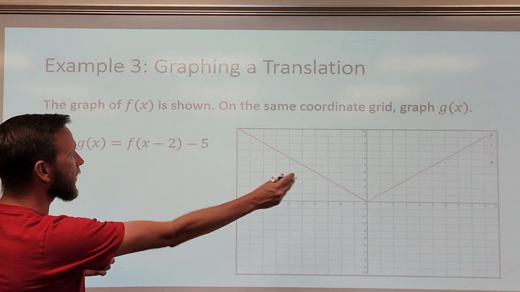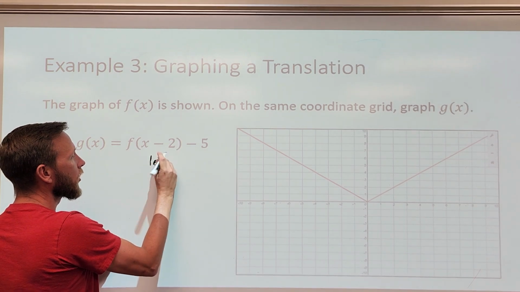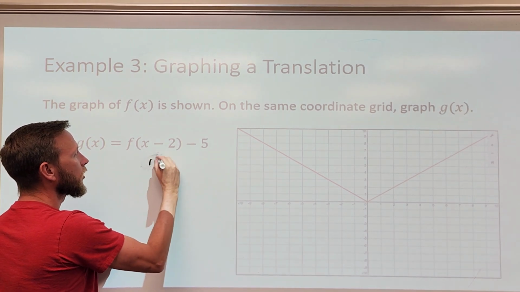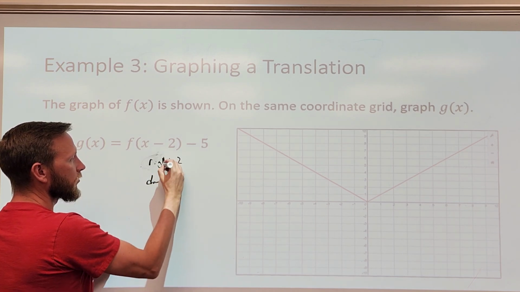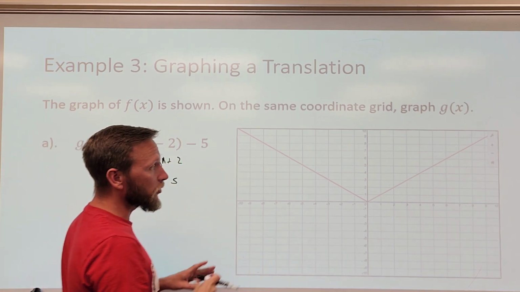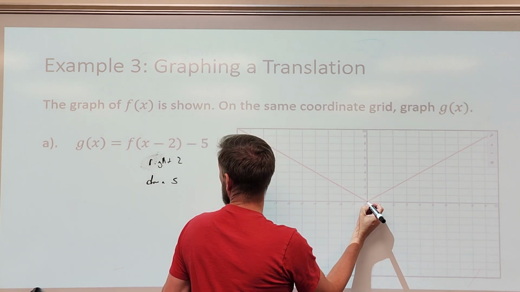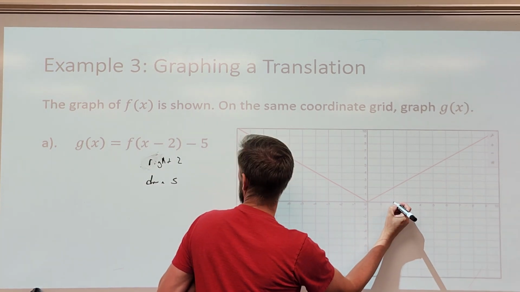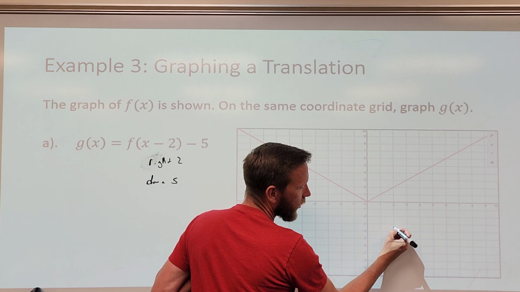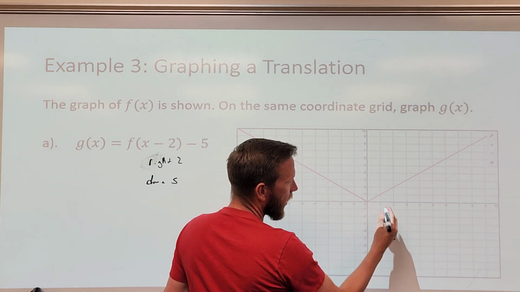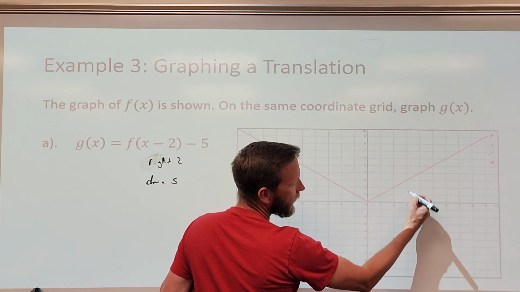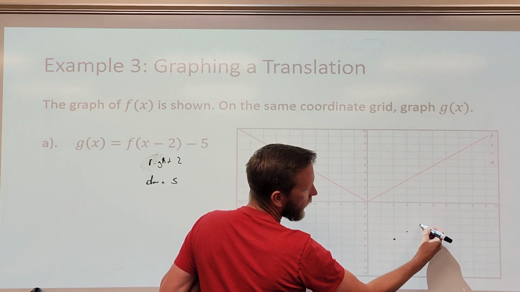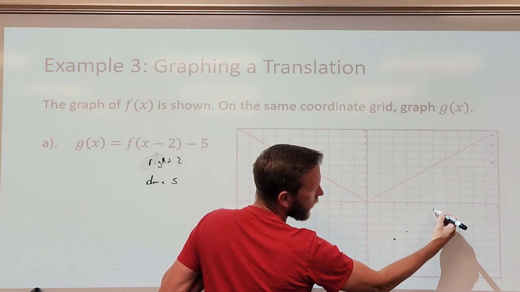So we know that we're going to take the same picture and we are going to go to the right 2 spaces, and then we're going to go down 5 spaces. So basically what I want for you to do is recognize that we're going to go to the right 1, 2, and then down 1, 2, 3, 4, 5. And every one of these points is going to go over 2, down 5, over 2, down 5, over 2, down 5.